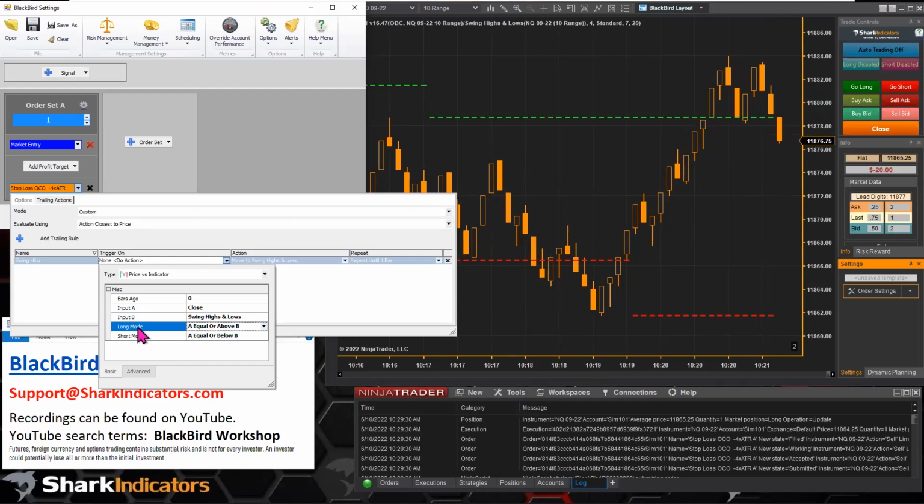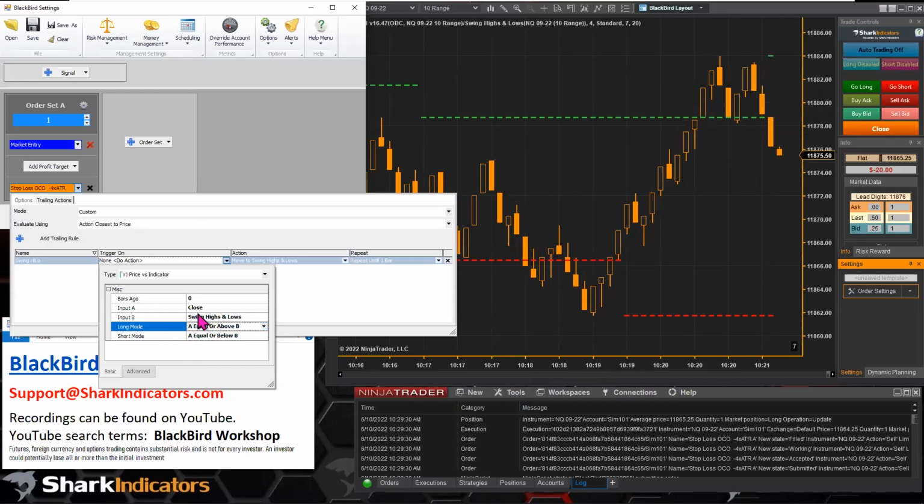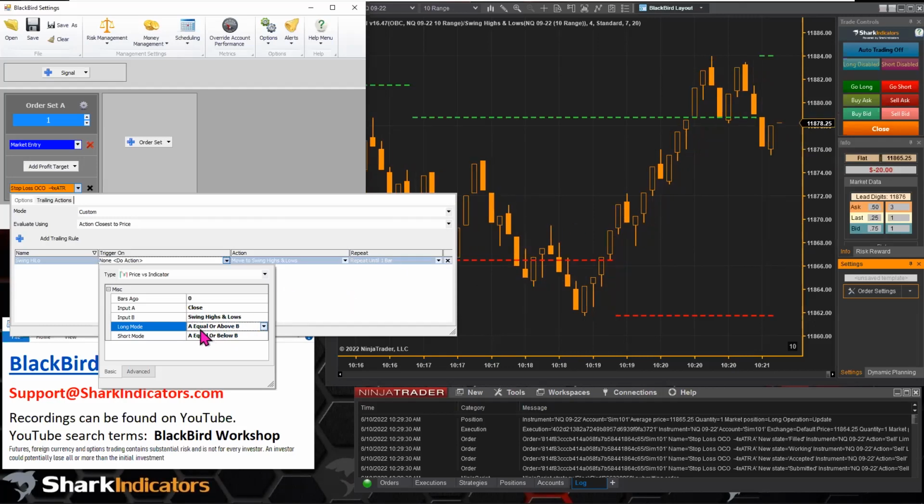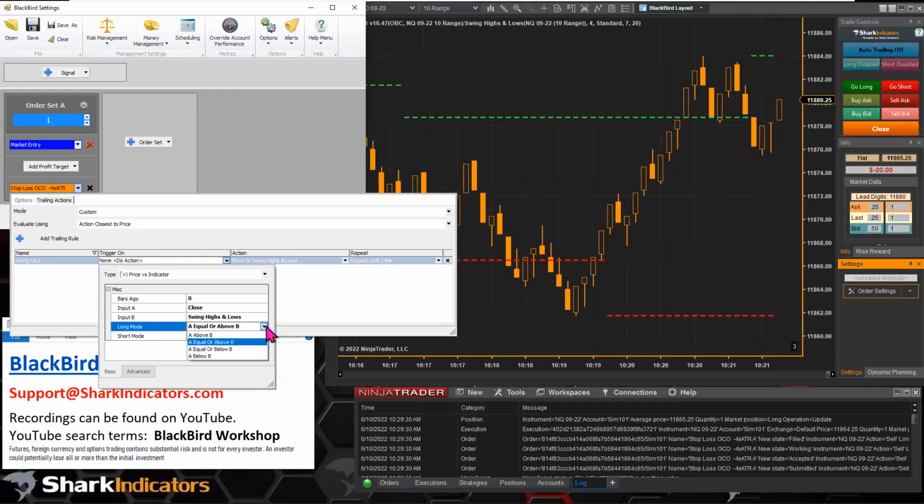If I'm in a long trade, I want the closing price to be above B, and B is the swing indicator. So actually not equals. Let's make sure that the market is above it, and for short, we'd want A below B.